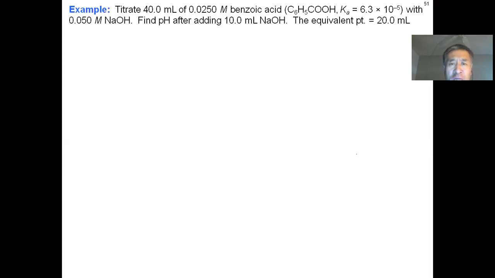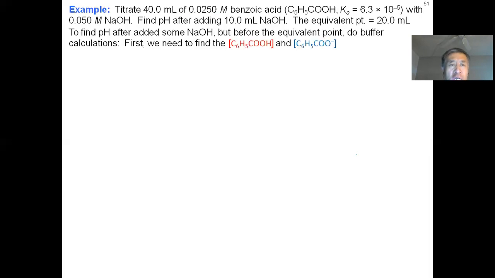At the same time, we produce some of the conjugate weak base. So in our mixture after titrating, we have both the weak acid and weak base. So this will be a buffer. Therefore, to find the pH after adding some NaOH but before the equivalence point, do a buffer calculation.